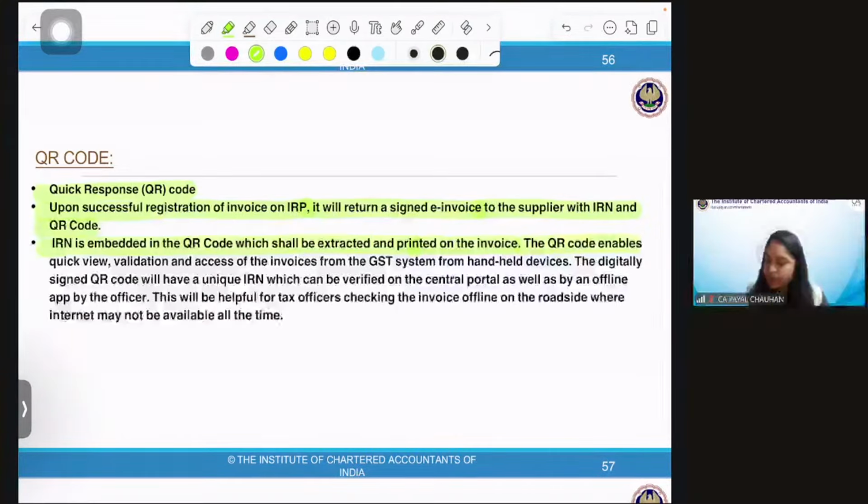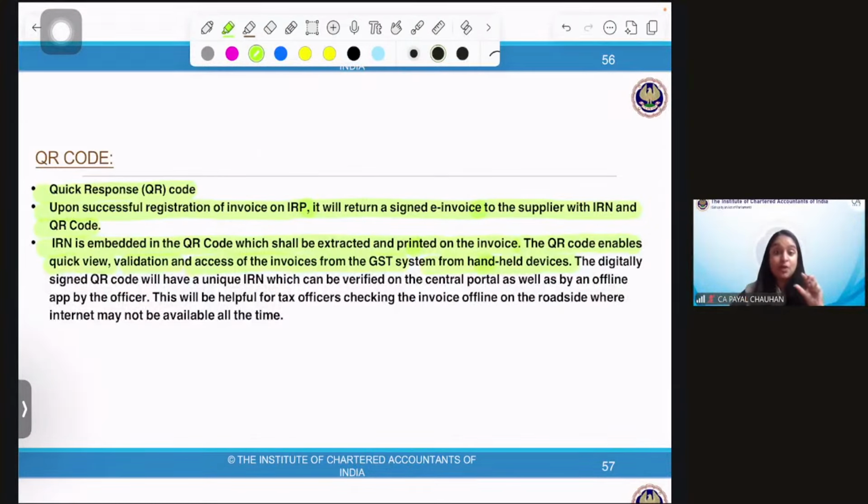The QR code enables quick view, validation, and access of the invoice from the GST system and from handheld devices. Whenever I buy a thing, I scan the QR code just to know if this is original, what is the expiry. So if the product is an original one from the company, the QR code will scan, and if it is not an original product, the QR code will not scan.